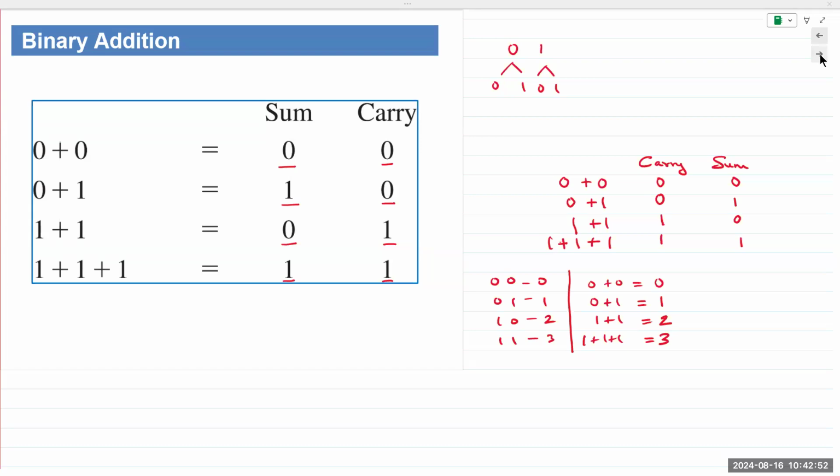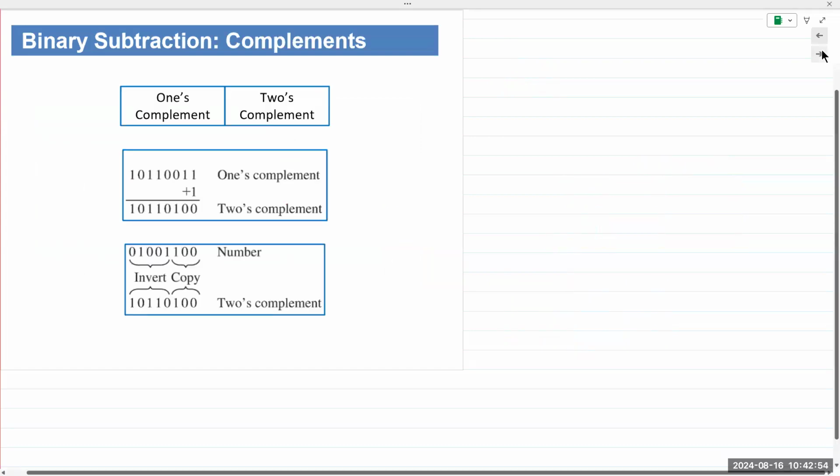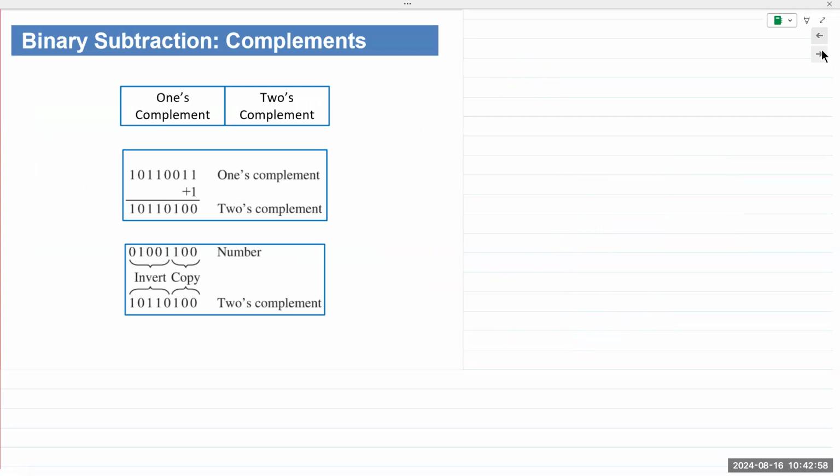So binary addition is easier to implement with circuits. As I said, if you have a summing amplifier, you take 2 inputs, you connect them together, and the result of that operation is that the output voltage is a summation of the inputs.